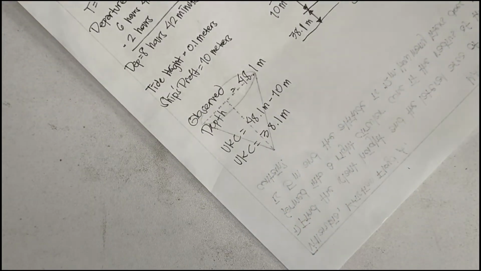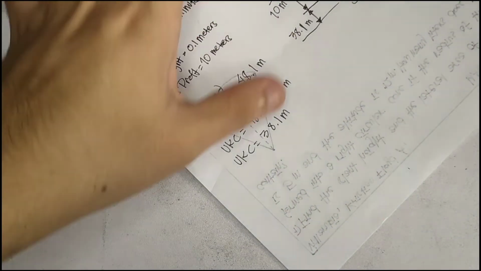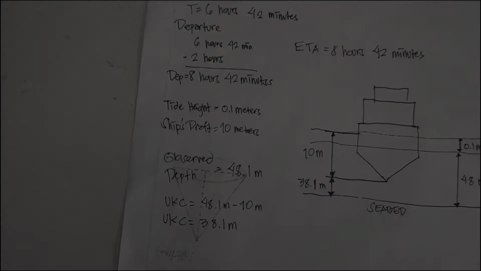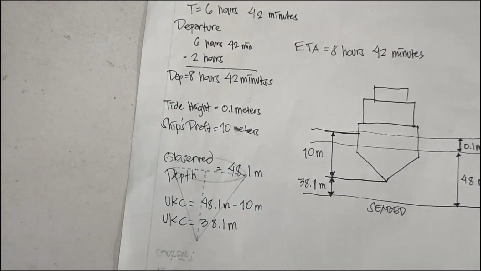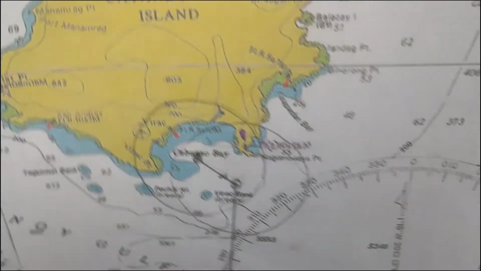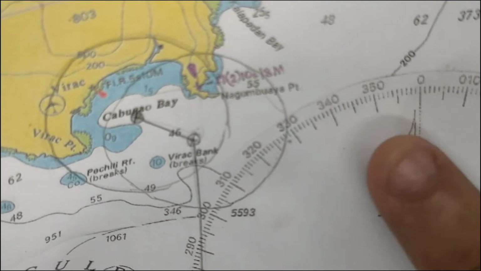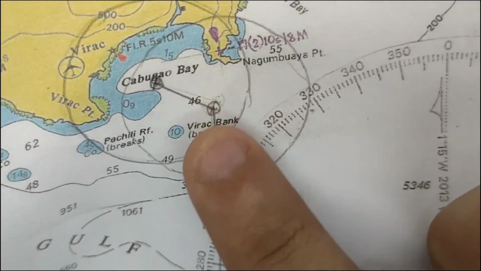In the next performance criteria, we need to determine the height of the tide during the passage of the nearest underwater obstruction. So we have a height of tide in Diamante Rock of 0.1 meters. For the charted datum for the Virac Bank, it is seen in the chart that it has a 46 and 49.